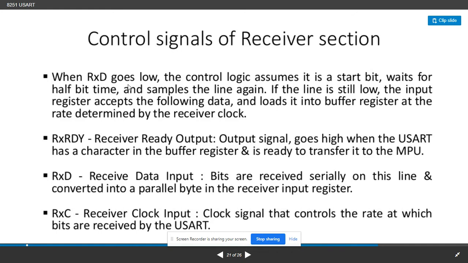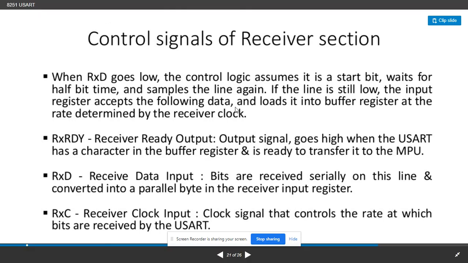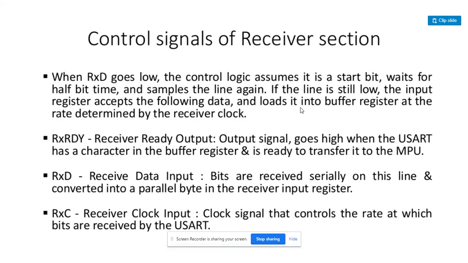When the receive data line goes low, the control logic assumes that it is the start bit, waits for half a bit time and samples the line again. If the line is still low, the input register accepts the following data and loads it into the buffer register at the rate determined by the receiver clock.